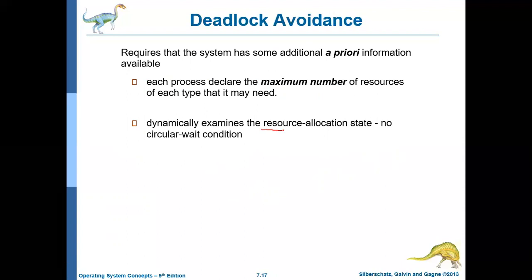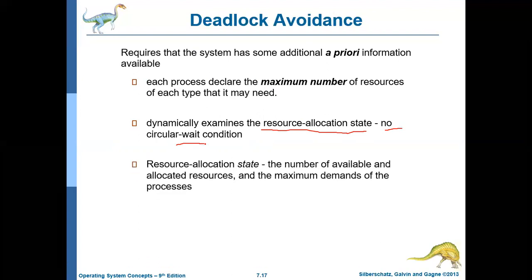The operating system will now understand how many resources of each type each process needs at maximum, and it will dynamically examine the resource allocation state to ensure that there is no circular wait. Only if there is no circular wait will the operating system give the requested resource. Otherwise, it will make the process wait.